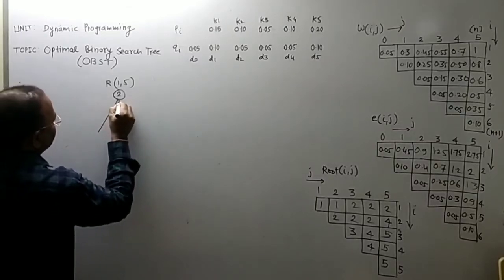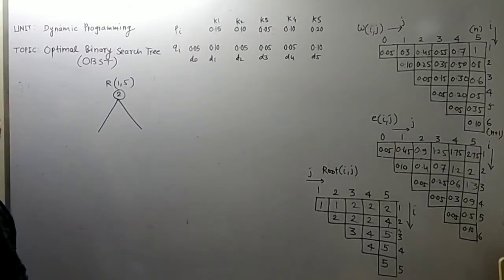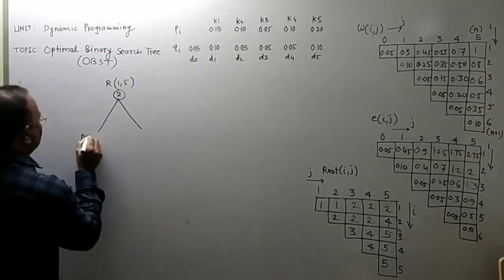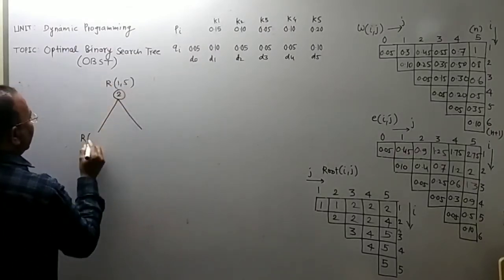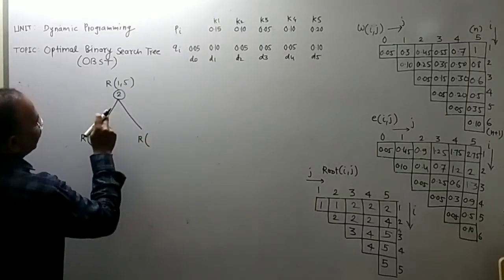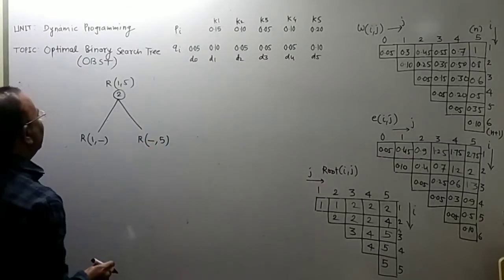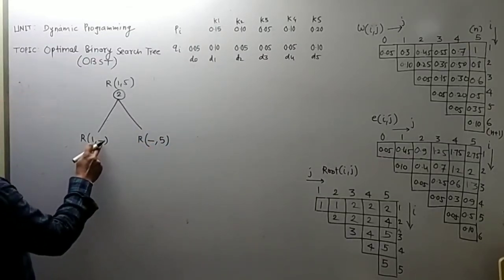There will be two children, left child and right child, which are 1 comma dash and dash comma 5. Let us see which value will come at this place.